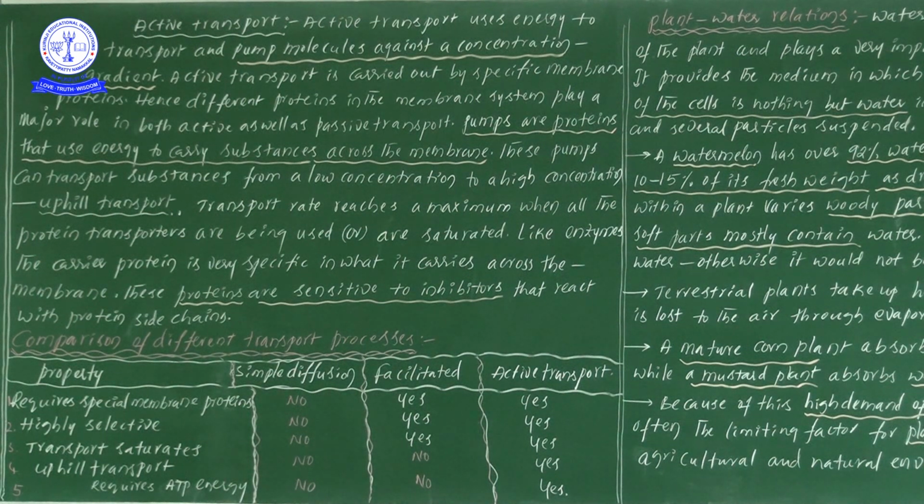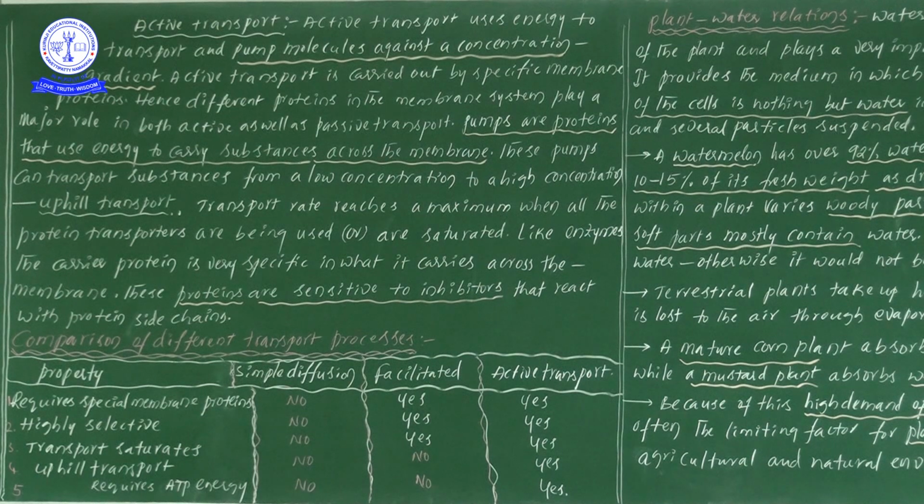In facilitated transport we don't use energy; there is no involvement of energy in the form of ATP, and the molecules are transported from higher to lower concentration. But in active transport, energy is involved and the molecules move from low concentration to high concentration. That's why, when molecules move from low concentration to high concentration, there is definitely a need of energy in the form of ATP.